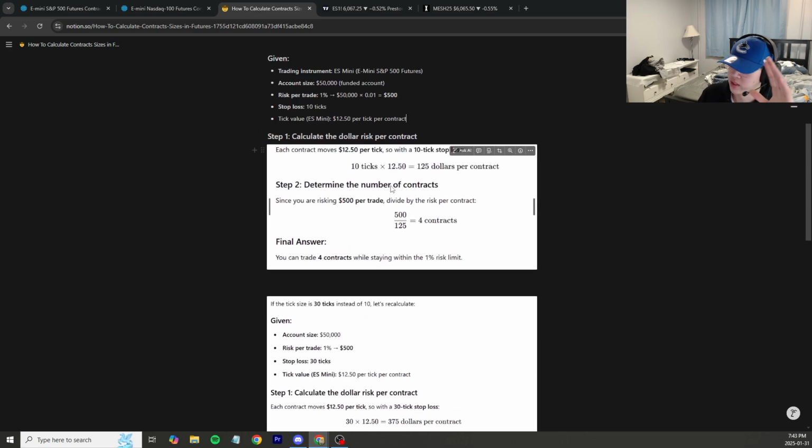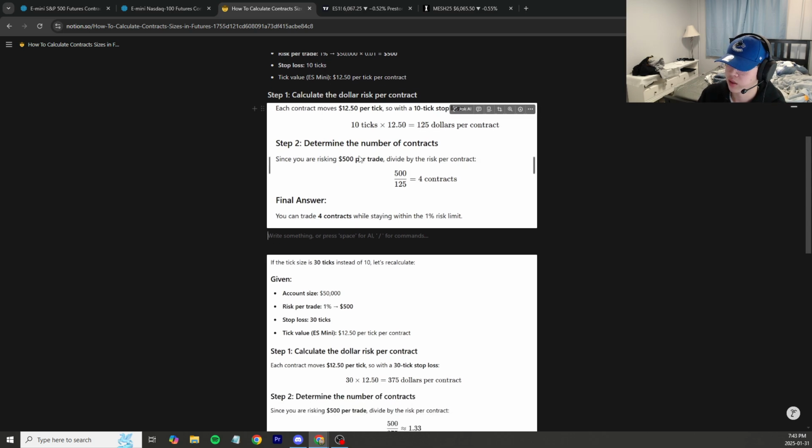All you got to do is just put it into the formula now. So each contract moves $12.50 per tick. With a 10 tick stop loss, all you got to do is multiply it by the tick value. So 10 ticks times $12.50 equals $125 per contract.